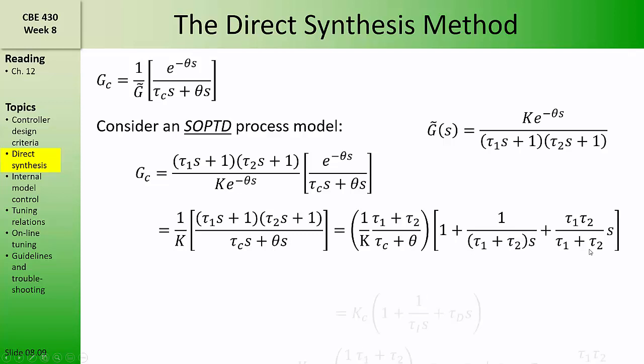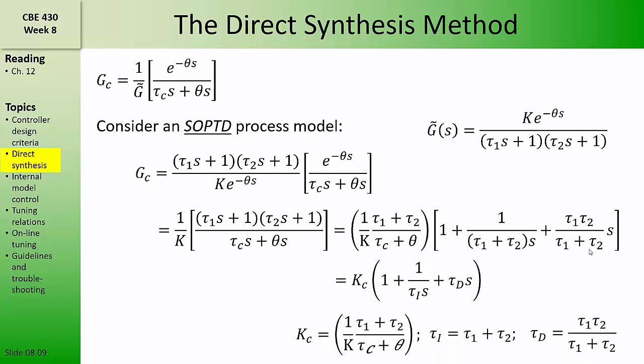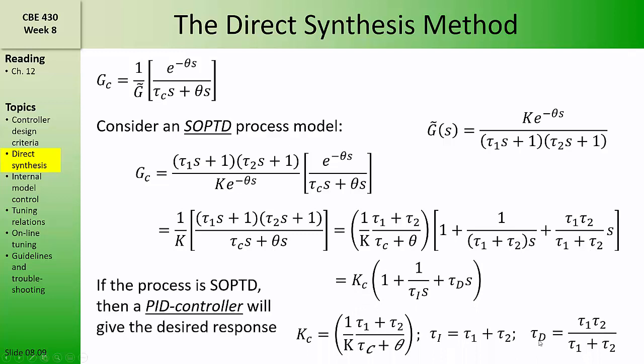And of course, you should recognize this as a PID controller, where the derivative time is the product of tau 1 and tau 2 divided by the sum of tau 1 and tau 2, where tau 1 and tau 2 are the time constants in our SOPTD model for G tilde.